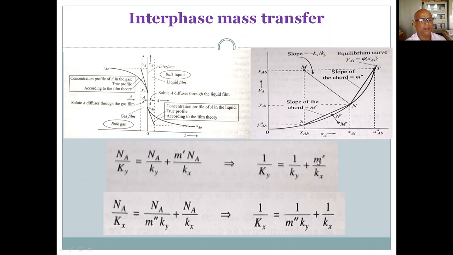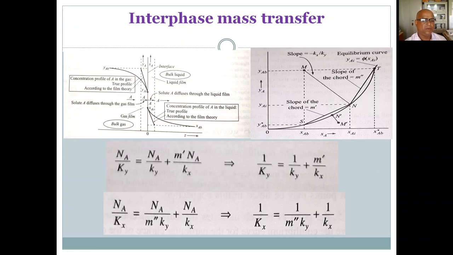And here m dash and m double dash are the slope of the equilibrium line at different points. But if this equilibrium line follows Henry law, y equals mx, then m dash equals m double dash, and this will be m.